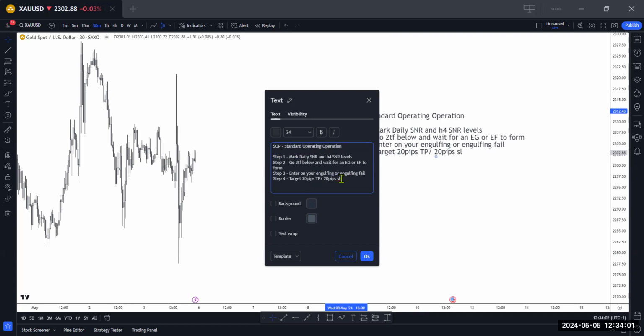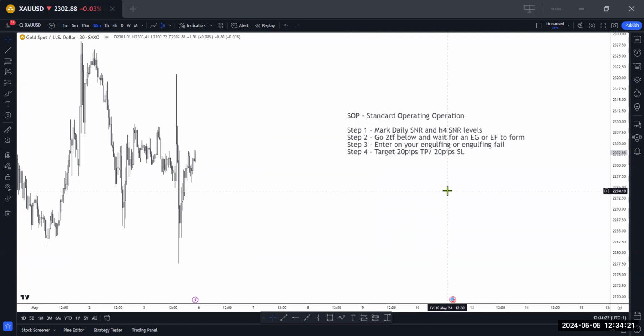So enter on your engulfing or engulfing fail, target 20 pips TP and 20 pips SL. So this is our standard, just four steps. These are the standard operating procedure.